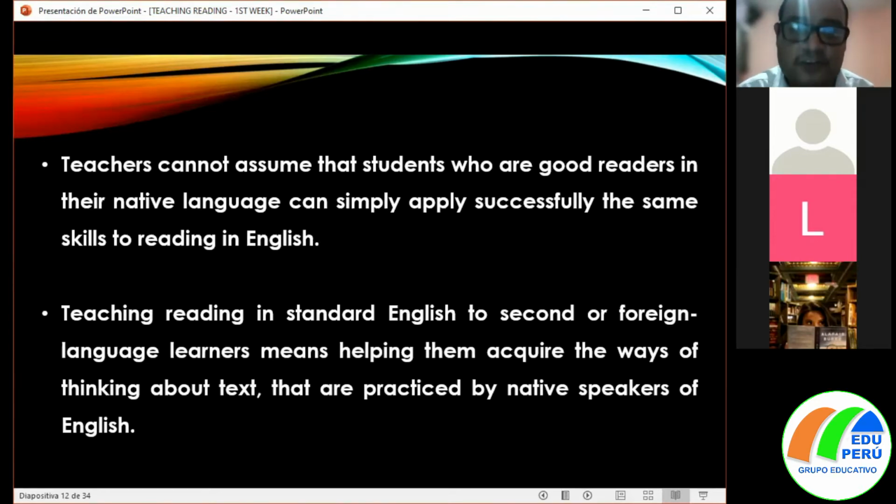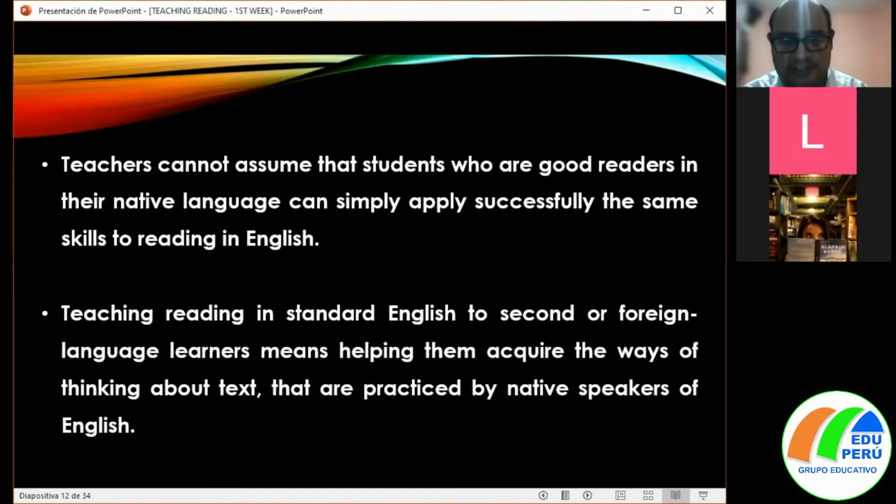So this is our function as a teacher of English. We must give our students different strategies. They need to acquire different strategies, different ways of thinking about the text. This is our role as a teacher.